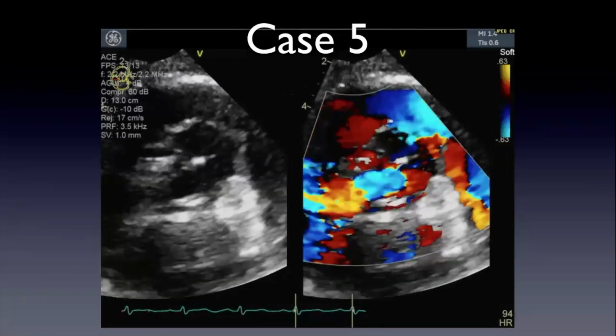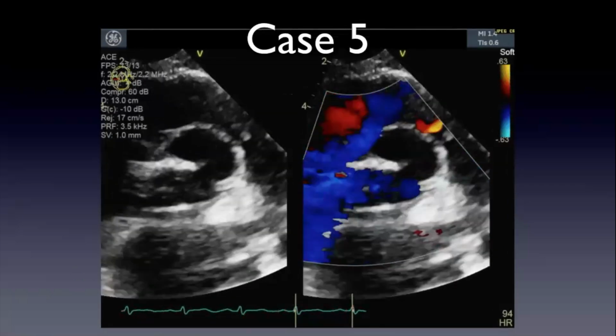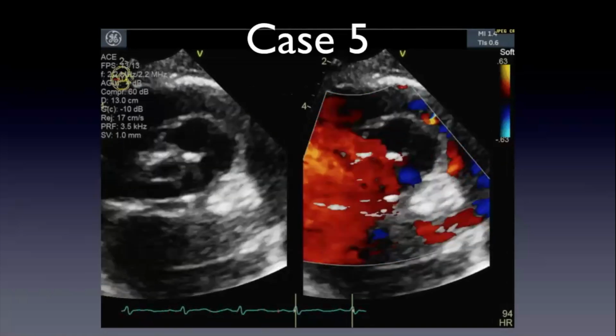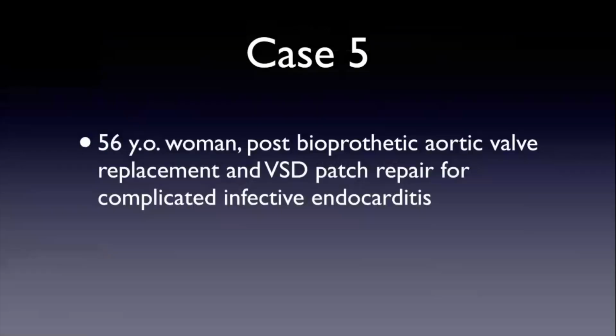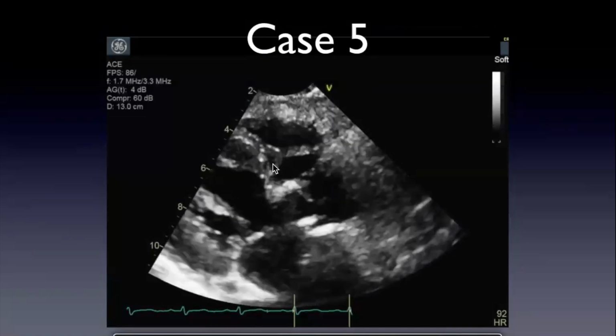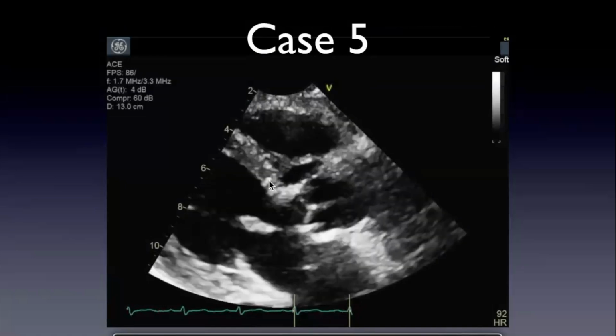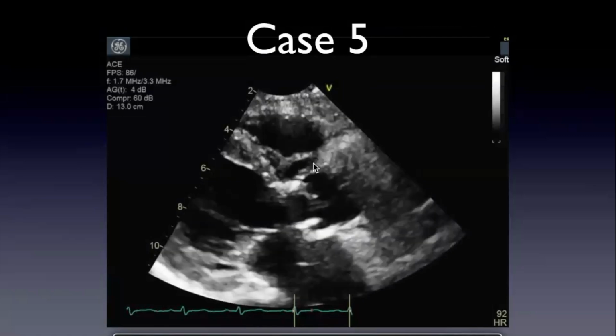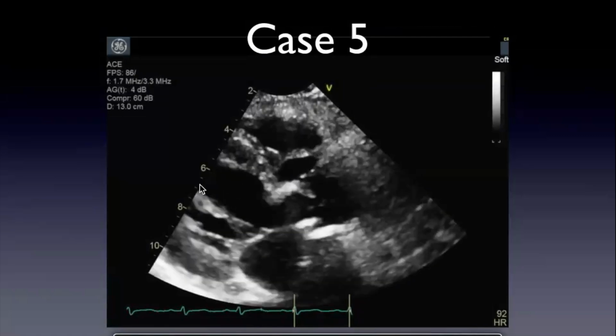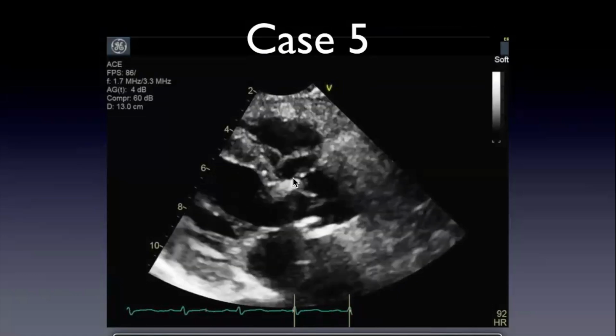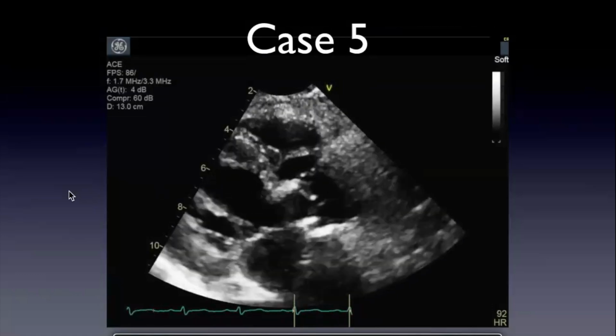It's bigger. Yeah, it does expand a little bit during systole. I'll go back so you can see that. Was that the patch up here? The patch appears here. There's echolucency here that's anterior, that's abnormal. And it does expand a little bit during systole. Sometimes that could be a bit of motion, you never know.